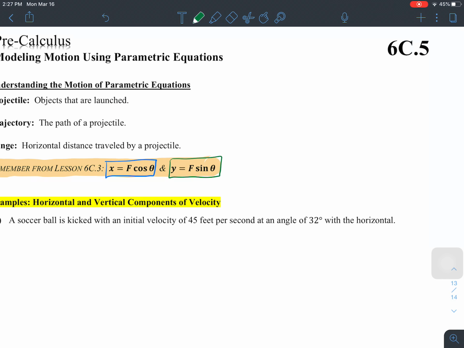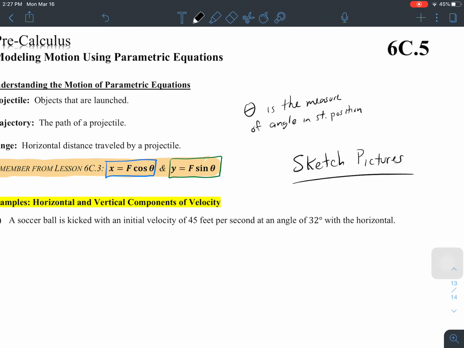We need to remember that theta is the measure of the angle in standard position, so from the horizontal is what it means. And above all, we did this in 6.3 as well, remember to sketch pictures. Trust us, it helps when you're dealing with it.